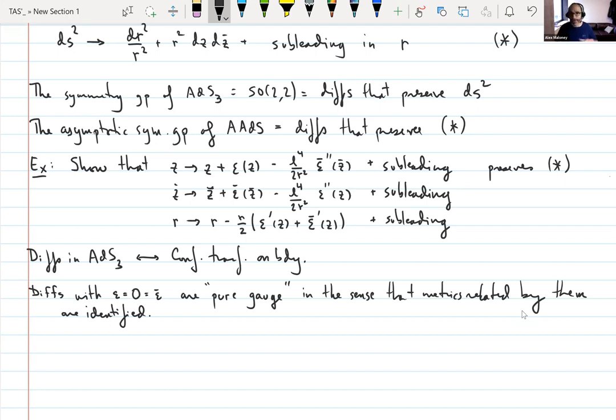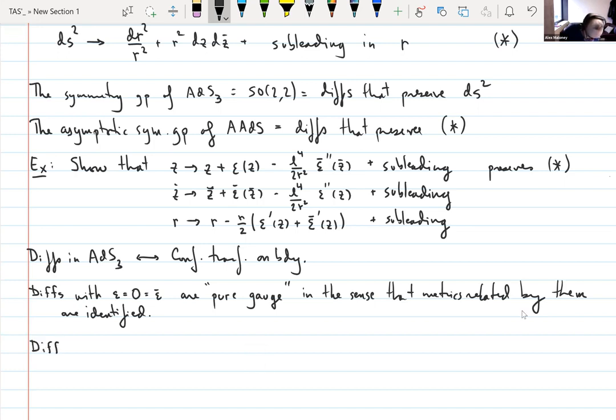If you've got a sphere, for example, and you do the diffeomorphism that rotates the sphere, then you think of those as the same geometry. You don't think of them as describing distinct solutions of general relativity, or giving distinct contributions to a path integral or describing distinct states in a quantum theory. And so the diffeomorphisms with epsilon equal to 0 are gauge symmetries in the usual sense that we think of gauge symmetries in a gauge theory or in a theory of gravity.